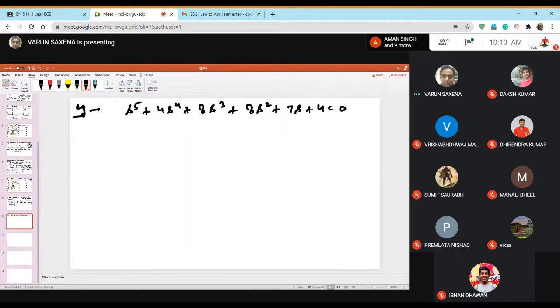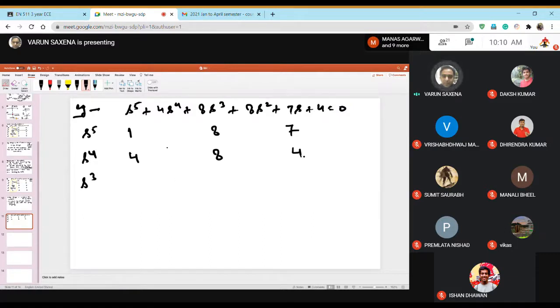Okay, so let's write them. So we have s^5, so that is 1, then you have 8, and then you have 7. Then you have s^4, which is 4, 8, and 4. Okay, so we proceed further. We write s^3.